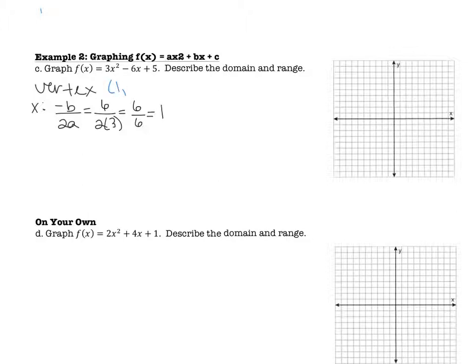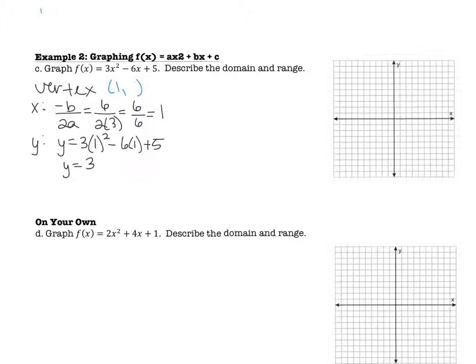So 1, comma, we don't know what the y is. But let's figure out the y right now. We have the y value is equal to 3, and instead of writing x, we're going to plug 1 into x's spot. So 1 squared minus 6 times 1 plus 5. So 1 squared times 3 is 3.